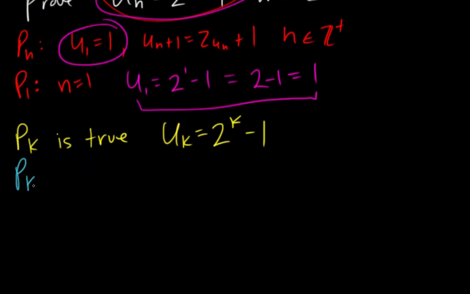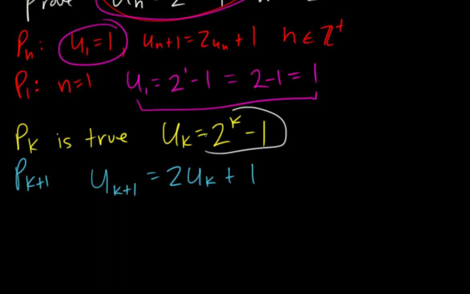Now we want to prove P of k plus 1 to be true. And so we say u of k plus 1 is equal to 2uk plus 1. And we're going to go back to this method where we kind of manipulate Pk. Oh, actually, we don't need to manipulate it on this one. But we're just going to take this and replace uk down here.